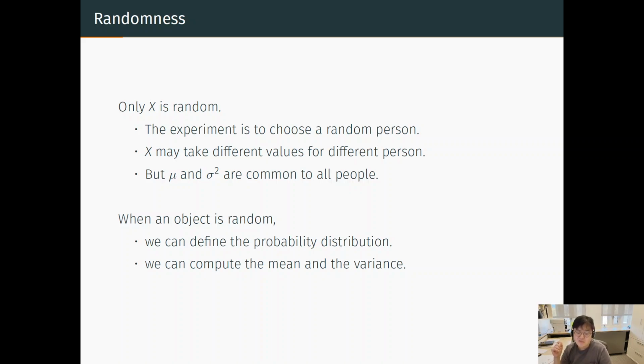So when we say random, that means if you repeat the experiment, the outcome would be different. That is the randomness, right? If you do the experiment now and if you do the experiment tomorrow, the results can in general be different, then it is random. So from one experiment to another, if something is different, that is random.